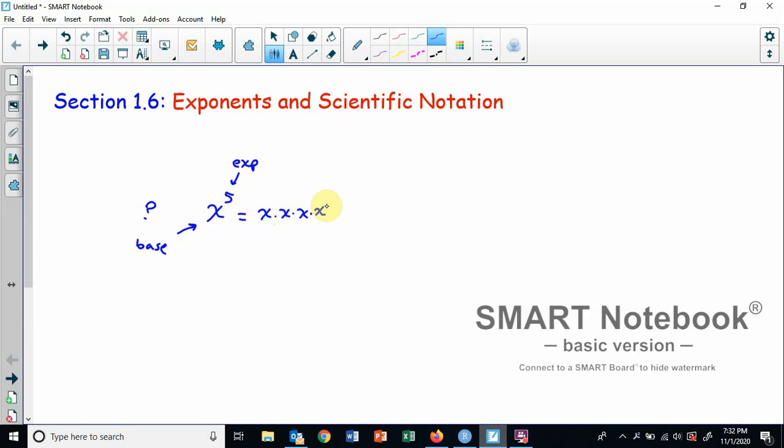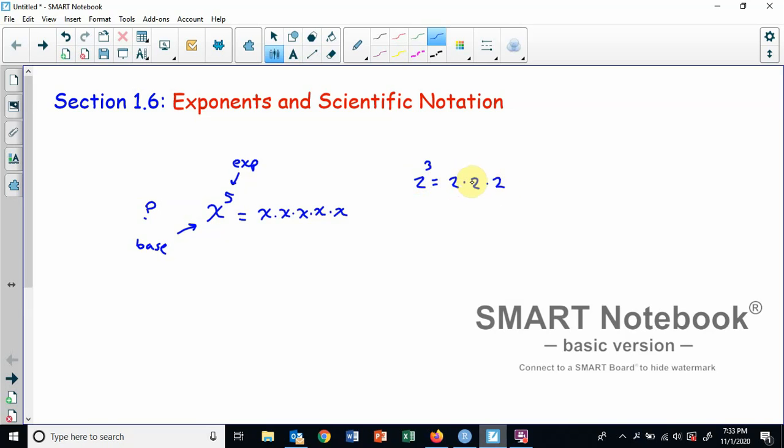1, 2, 3, 4. How many times this base is being multiplied by itself. So if I have x to the 5th, that means I have 5 x's being multiplied. Or if I wanted to go really simple, let's do a base that's a number so we can actually figure this out. Let's say 2 to the 3rd. Well, that would just be 1, 2, 3.